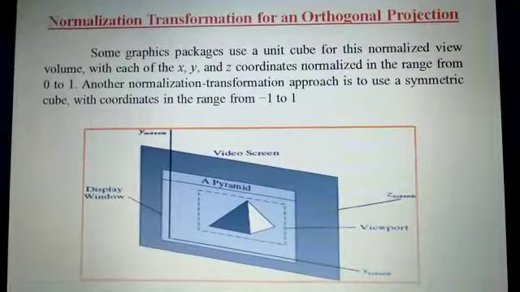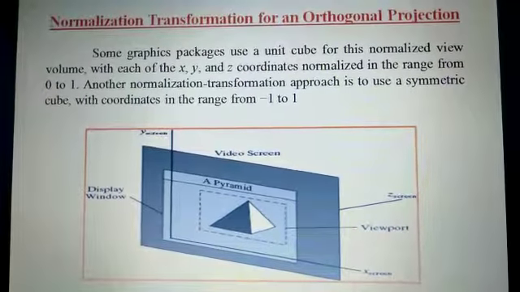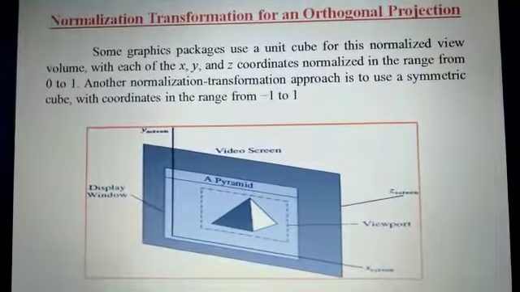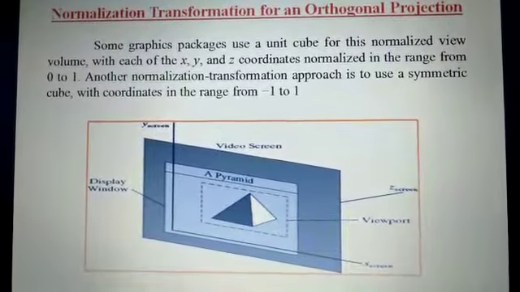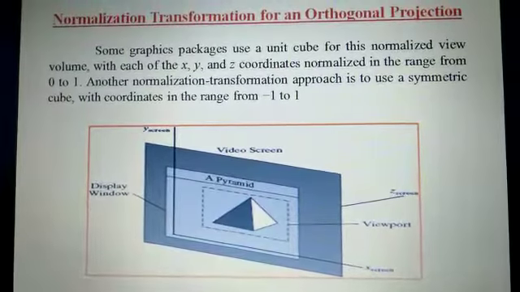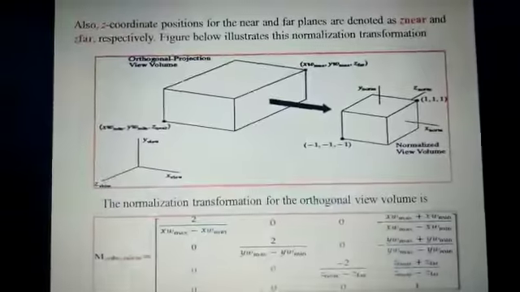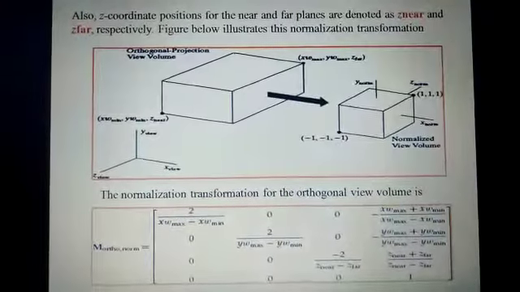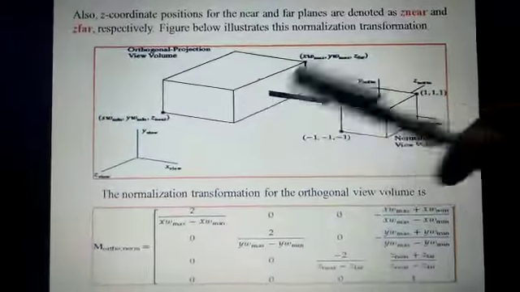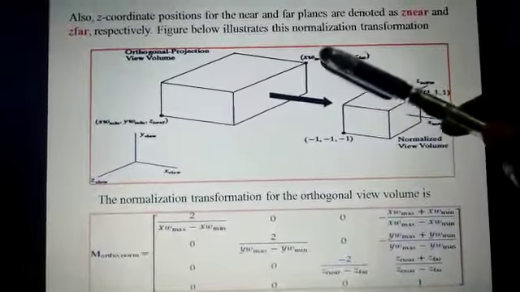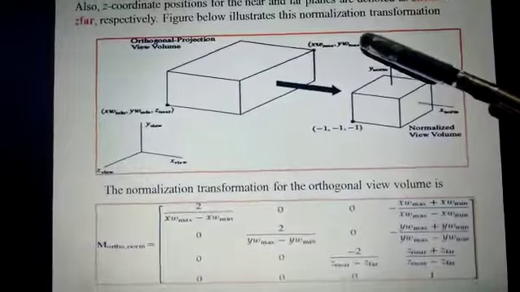To illustrate the normalization transformation, we can assume that the orthogonal projection view volume is to be mapped into the symmetric normalization cube within a left-handed reference frame. As we have a rectangular view volume of orthogonal projection of the previous parallelepiped diagram, we can have xw max, yw max, z far.